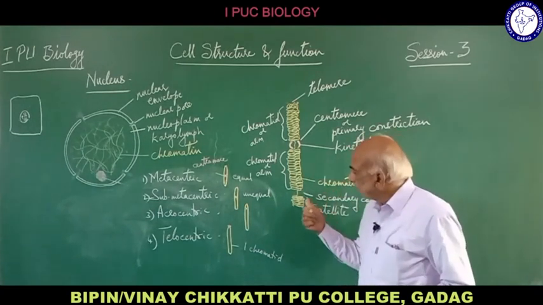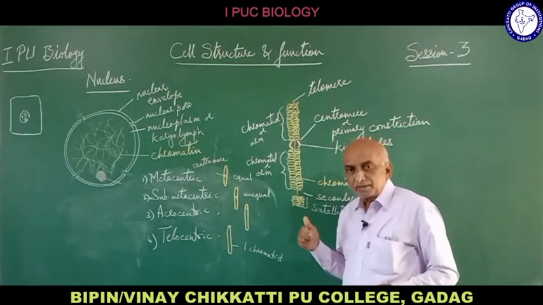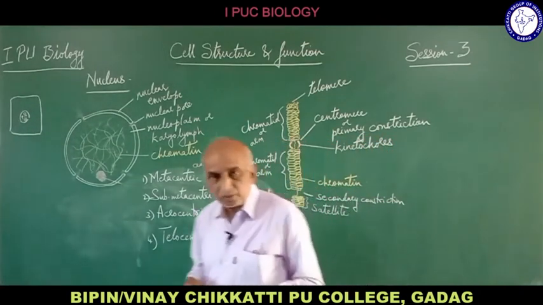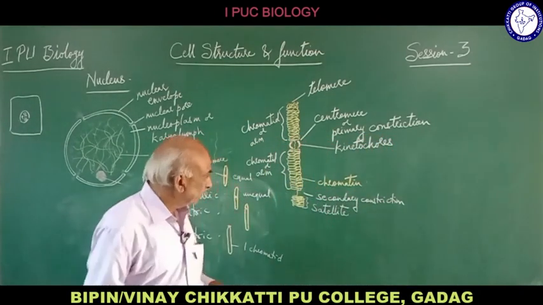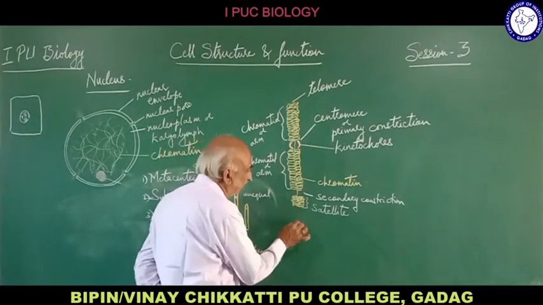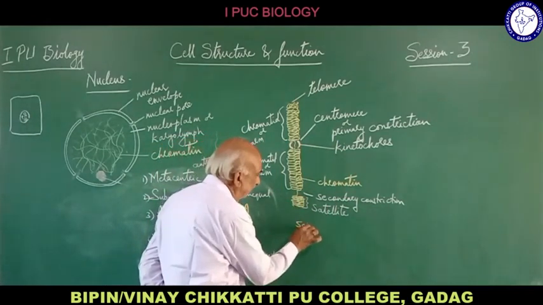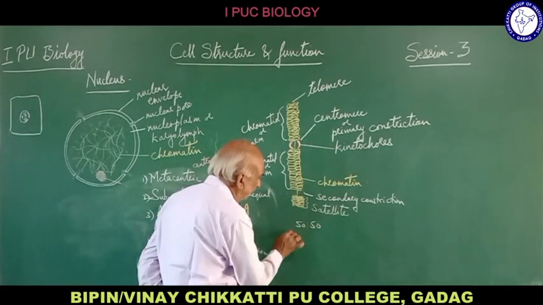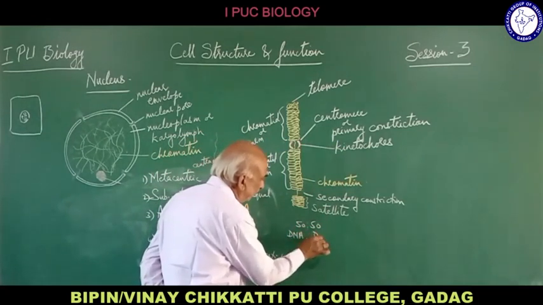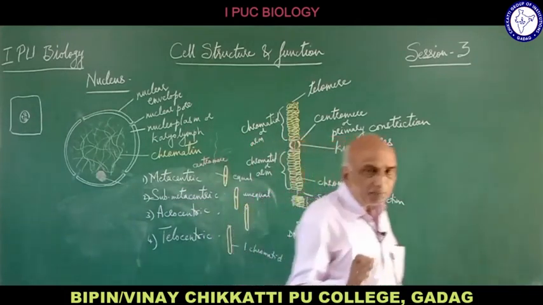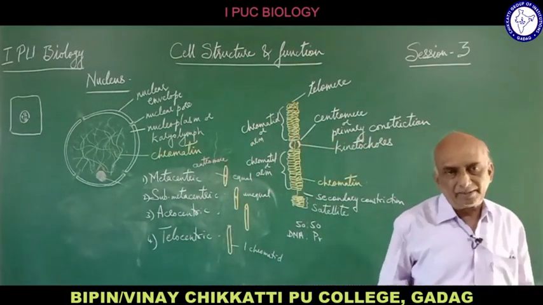So this chromosome contains DNA and proteins. Chromatin also contains DNA and proteins. Now this DNA and protein is always in the ratio of 50 and 50. So any chromosome contains 50% proteins and 50% DNA.